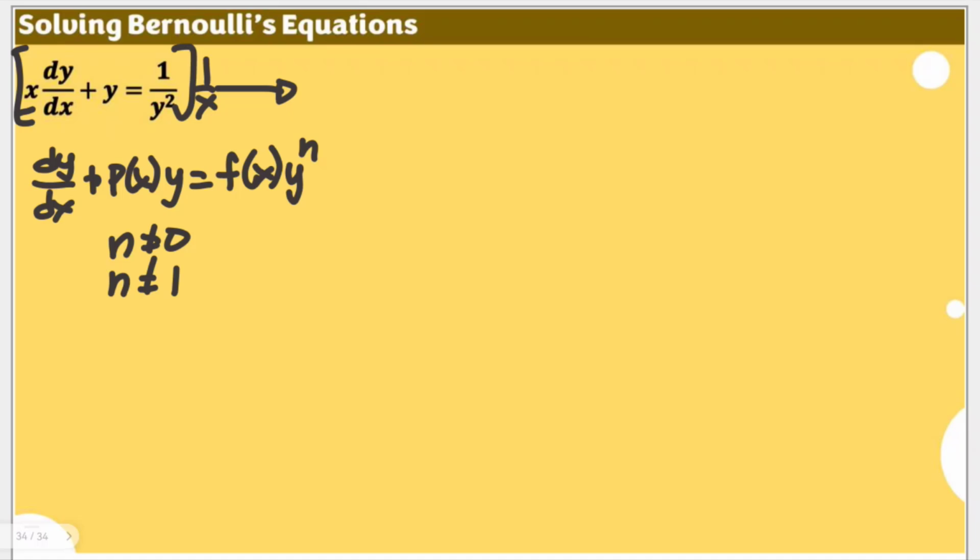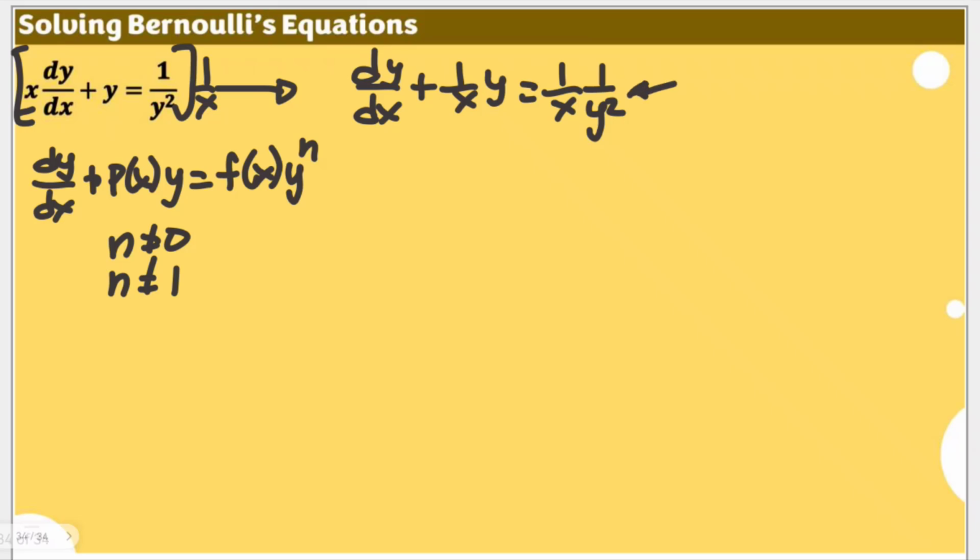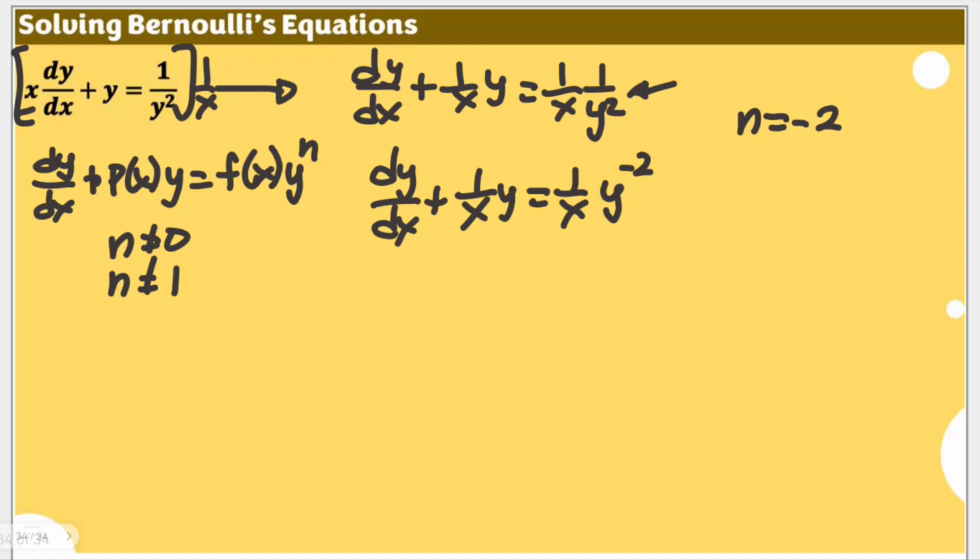So you have dy over dx plus 1 over x y is equal to 1 over x times 1 over y squared. Let me rewrite this in terms of y to the power of n. This is dy over dx plus 1 over x y is equal to 1 over x times y to the power of negative 2. In this case, our n is negative 2, and this fits the idea of a Bernoulli equation.